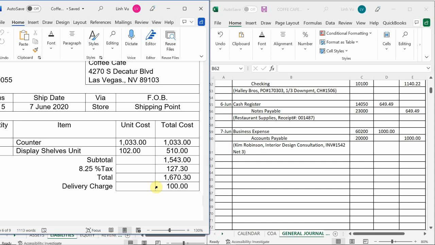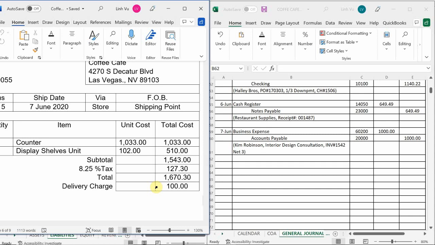But in this case, let's really think about it, okay? A counter is probably going to be really heavy, right? We weren't specific on what kind of counter I bought. I could have bought a granite counter if I really wanted to. But display shelves should be fairly light, unless you get glass display shelves, but we weren't specific either. So the assumption here is that shipping is based on weight.